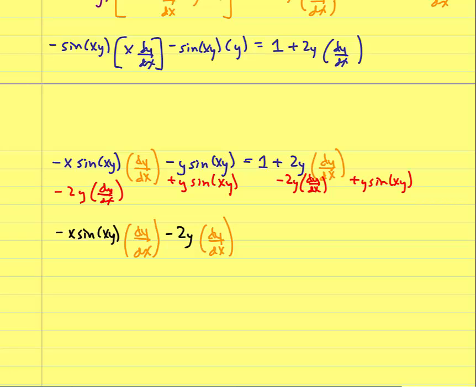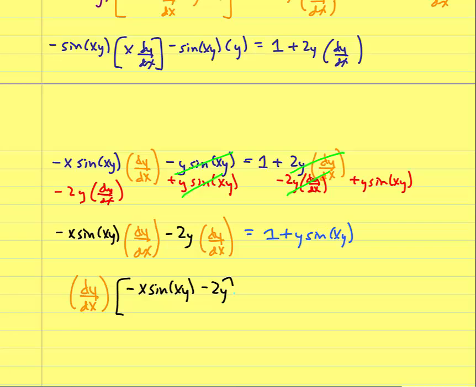Now over here I had canceling occur, so on the right hand side I have equal 1 plus y sine(xy). On the left hand side I have a dy/dx that's in common, so I can factor out that dy/dx. And when I factor that out, I'll be left with negative x sine(xy) minus 2y equals 1 plus y sine(xy).